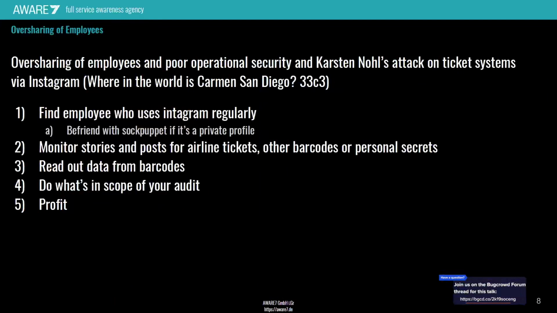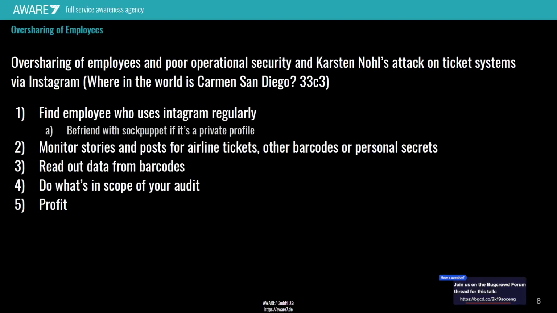Next we have oversharing of employees and poor operational security, because they don't know that there's actually valuable data. This is the attack from Carsten Knoll from 33C3. His talk was titled "Where in the World is Carmen Sandiego?"